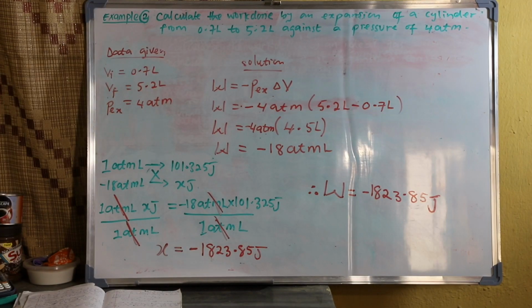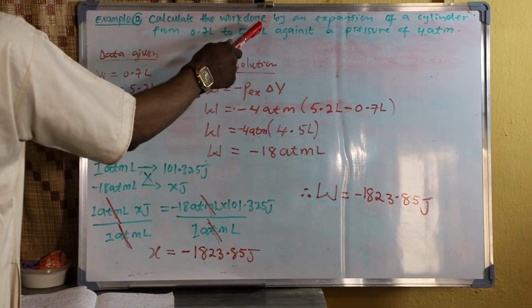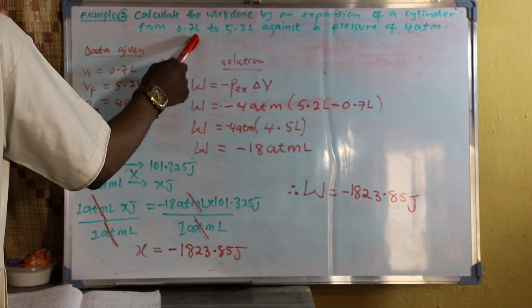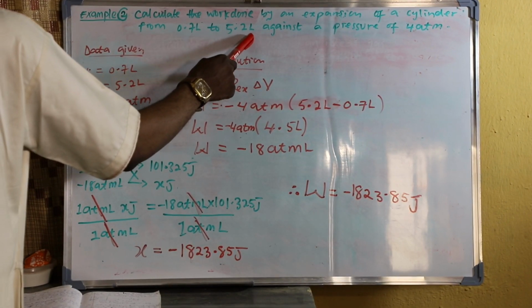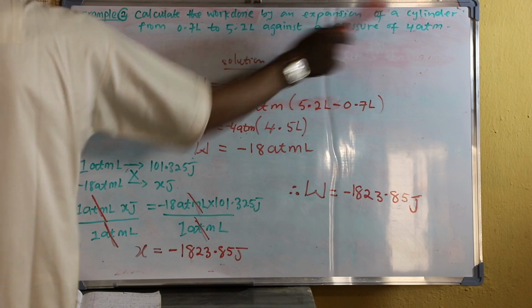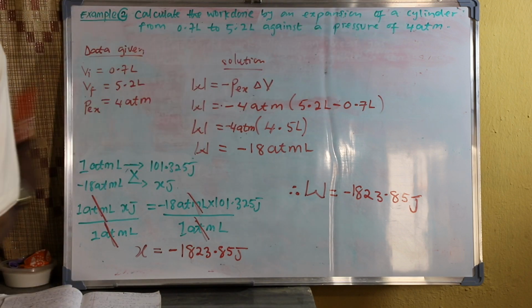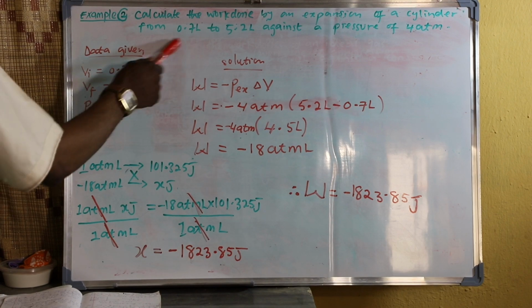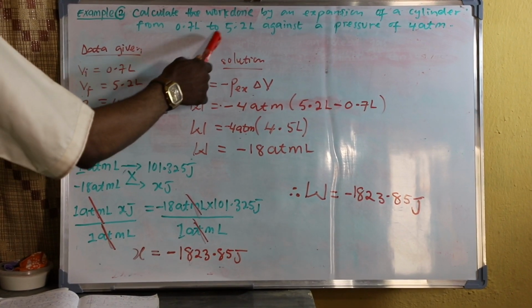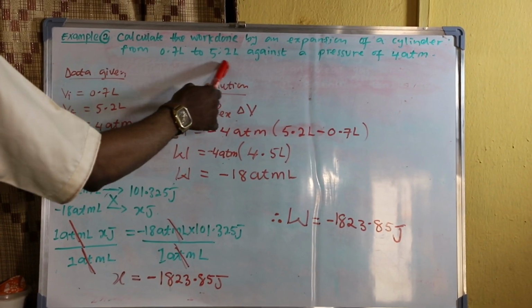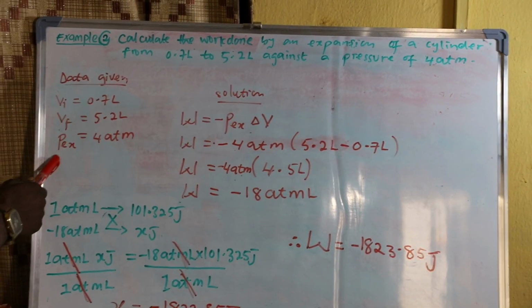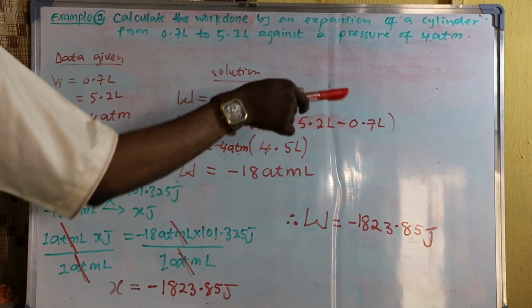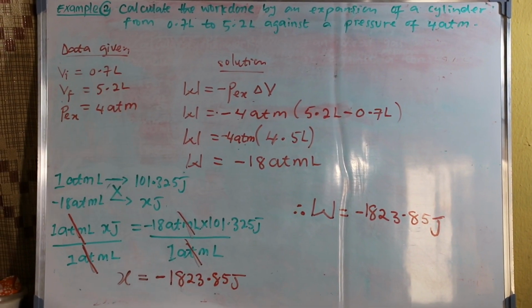Next question, example 2. Calculate the work done by an expansion of a cylinder from 0.7 liter to 5.2 liter against a pressure of 4 atm. The data given is V initial 0.7 liter, V final 5.2 liter, and external pressure of 4 atm.